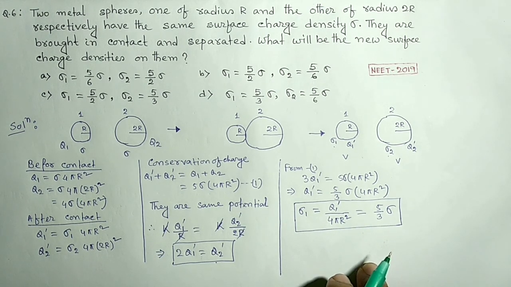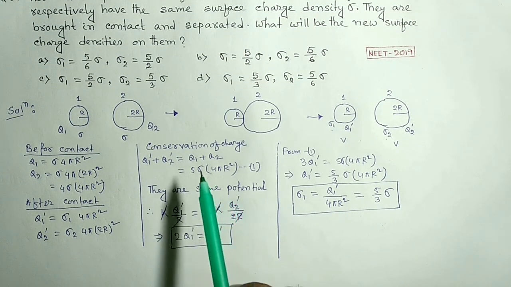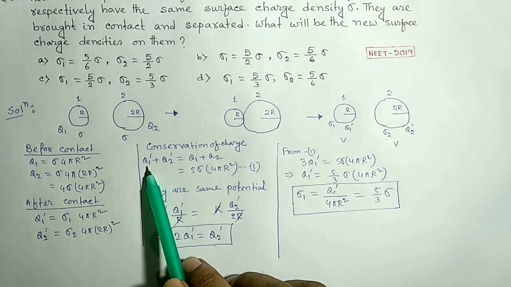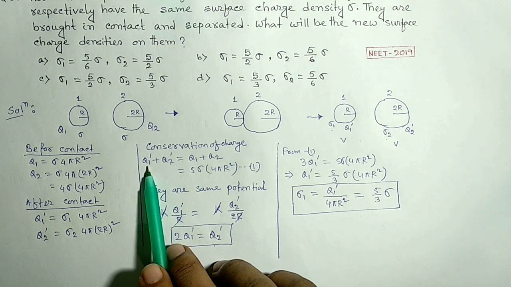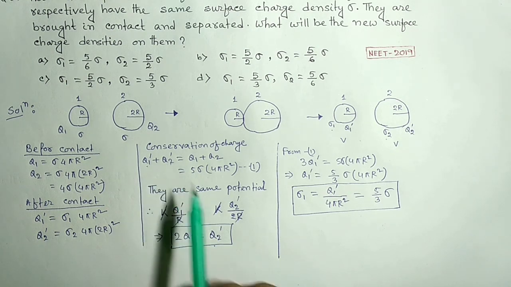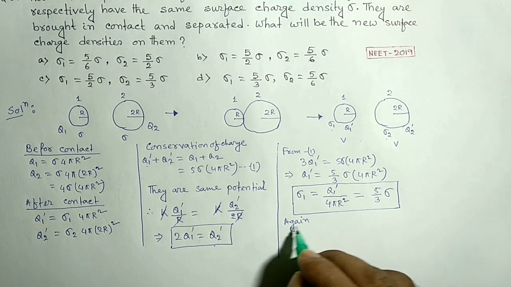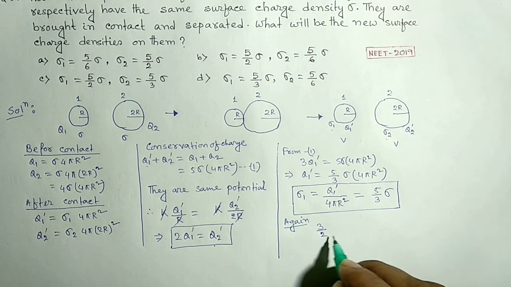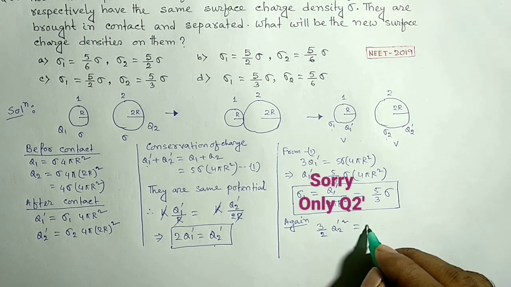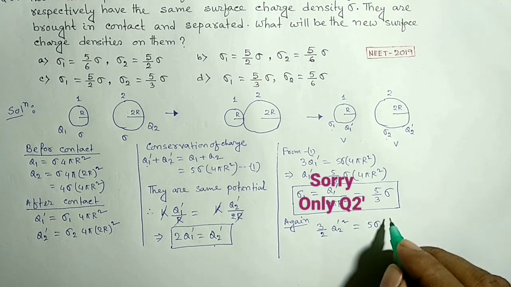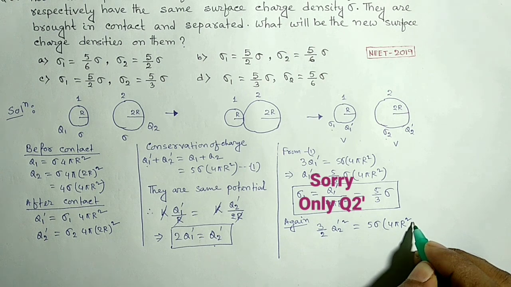Now again, if we put the value of Q1 dash, it will be half of Q2 dash. So half of Q2 dash plus Q2 dash equals 3 by 2 Q2 dash, which equals 5 sigma into 4 pi r square.